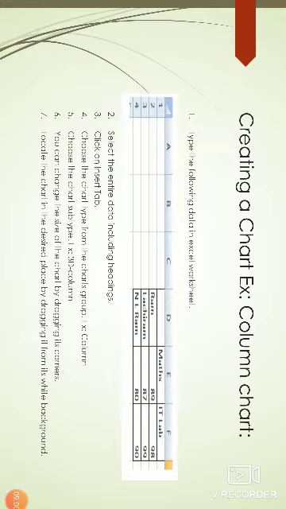So first, creating a chart. Here I'm creating a column chart. For this we have to follow the procedure. First we have to type the following data in an Excel worksheet. In D, E, F columns I'm typing data.